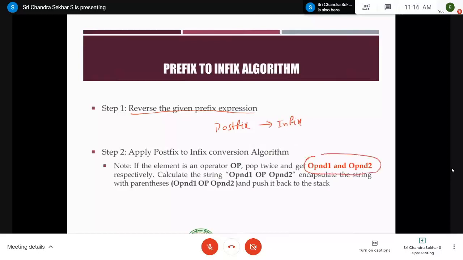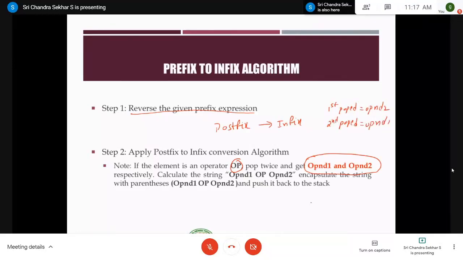In the previous algorithm, you have to pop twice whenever you come across the operator, and the first popped element is placed in operand 2, and the second popped element is operand 1. But here the scene reverses.